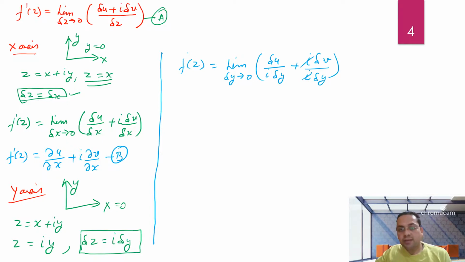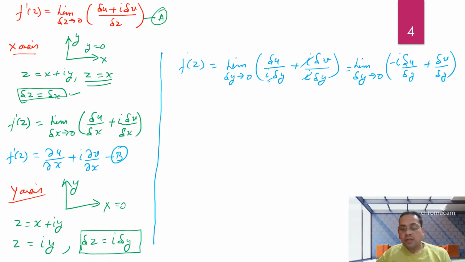Iota is cancelled. For rationalizing this term, because there is iota in the denominator, we are going to multiply iota in the denominator as well as the numerator. We have limit delta y tends to 0 of minus iota delta u over delta y plus delta v over delta y.